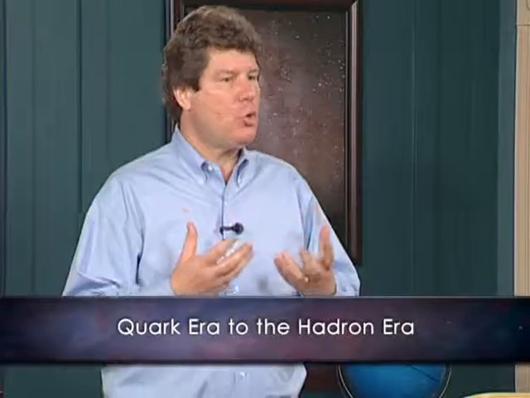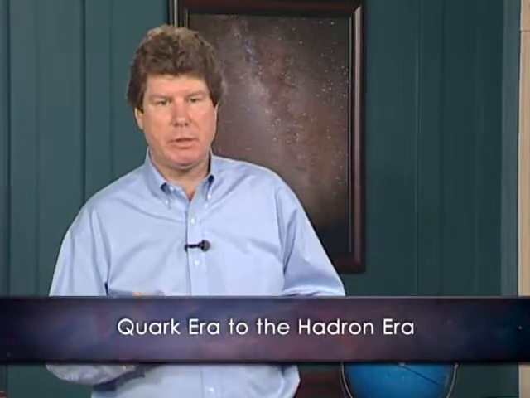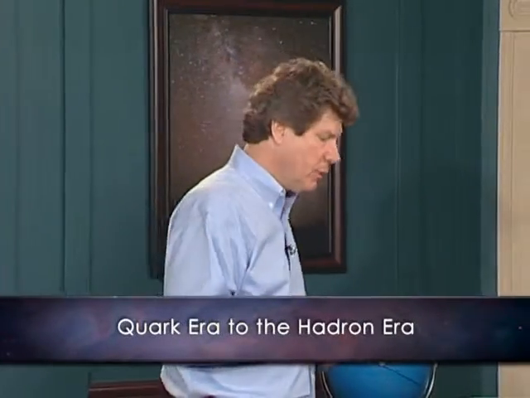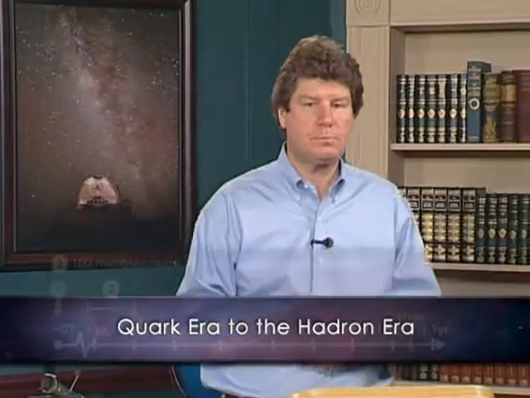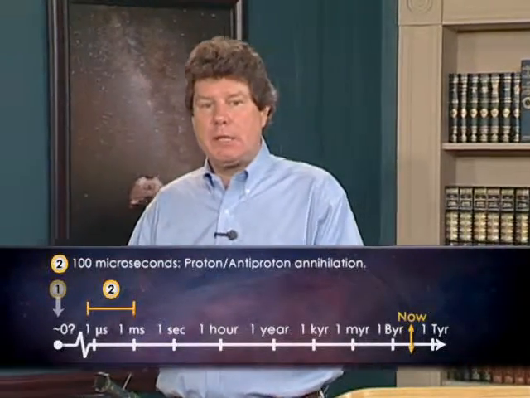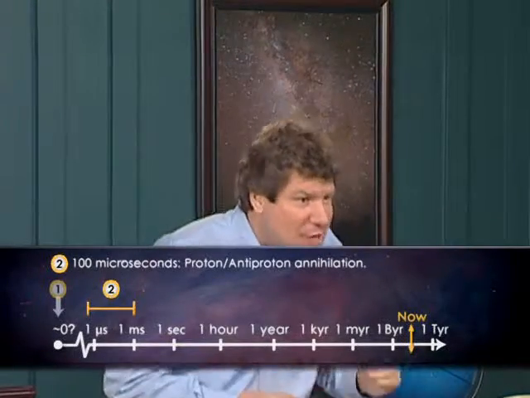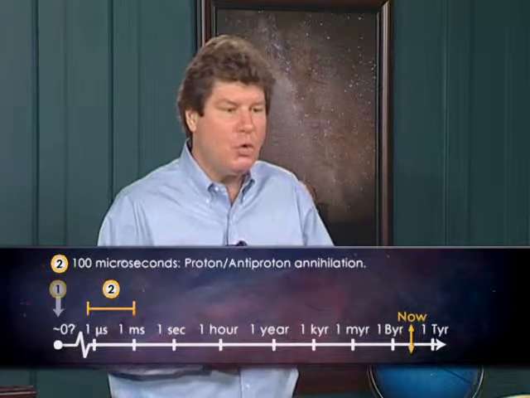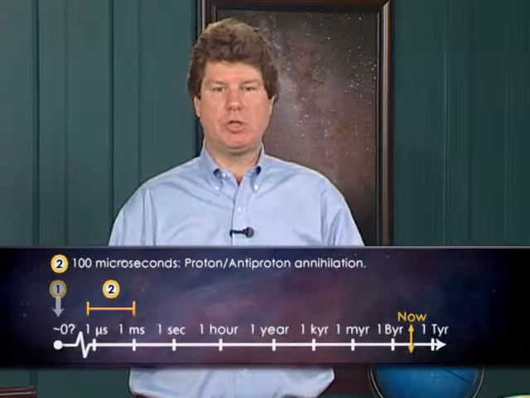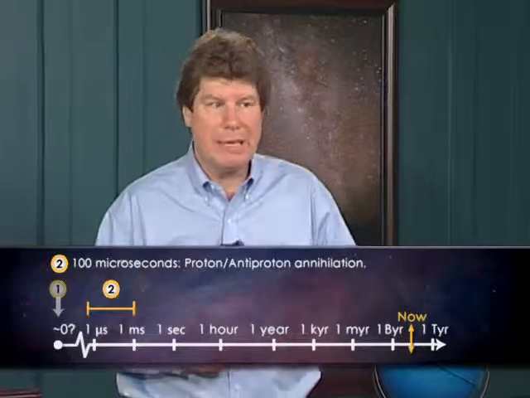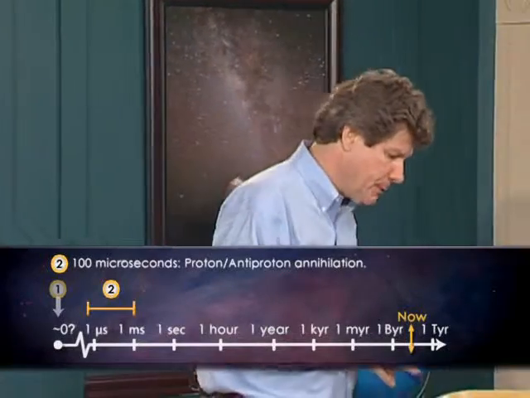And if we adopt the sort of geological style naming convention, then as the quarks were converted into protons, the universe passed from what we call the quark era to the hadron era, where hadron is just a fancy term for protons and neutrons. Well, continuing on, at about 100 microseconds, the temperature dropped below another critical threshold when almost all the protons and neutrons were annihilated by antiprotons and antineutrons.